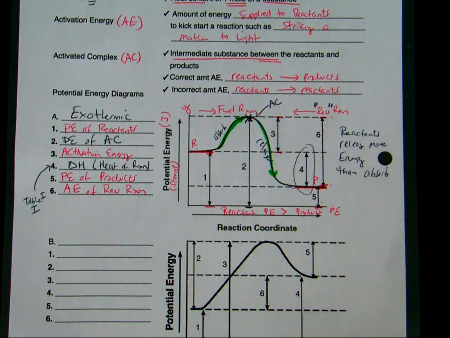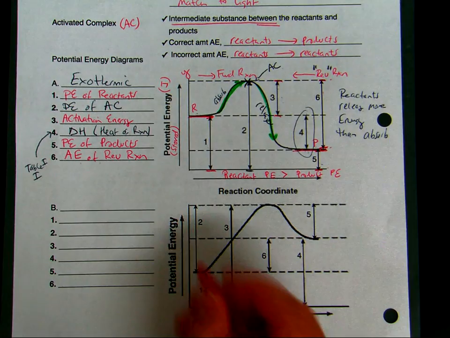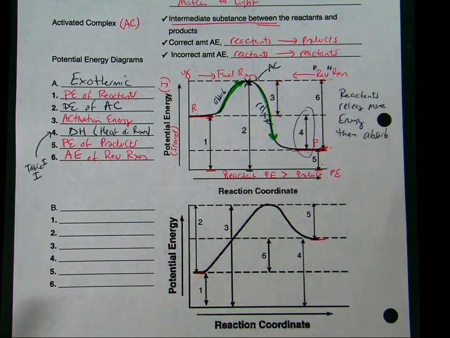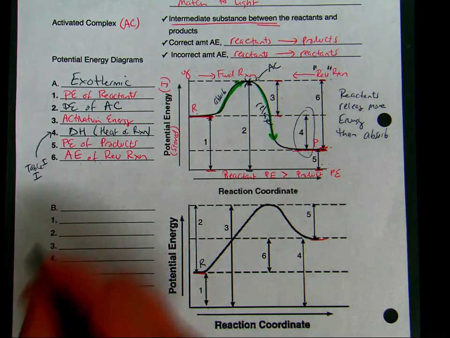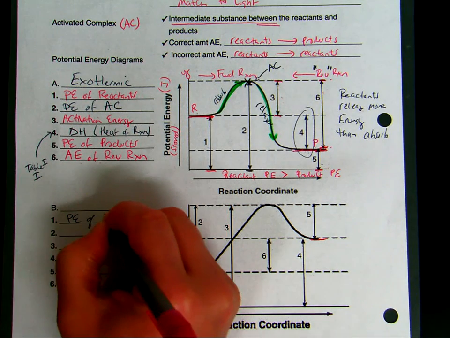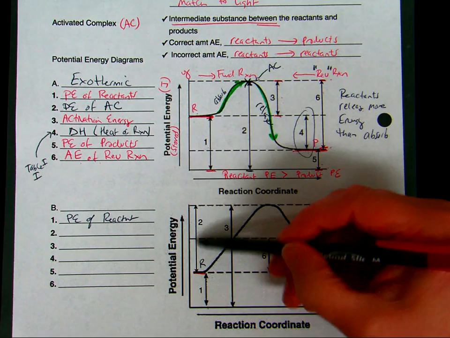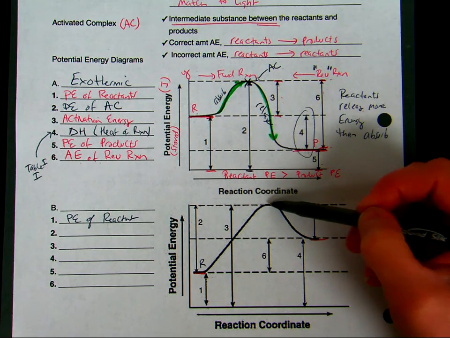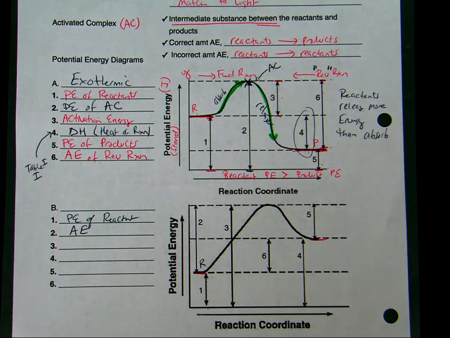Okay, quickly let's go through the bottom diagram. Notice it's kind of similar. We've got two platforms and a hill. So if we look at this, arrow 1, x-axis to the first platform that represents our reactants, so PE of the reactants. Okay, arrow 2 goes from the reactant platform to the peak of the hill, so I would say that that's an activation energy.